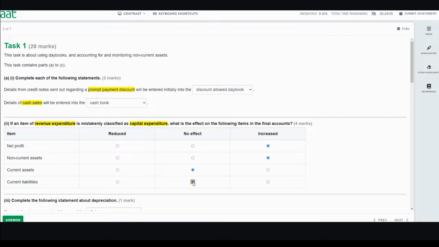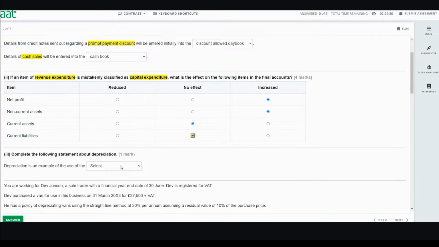We've not entered anything incorrectly into the current assets or current liabilities. So again, by reading the question, you've gained 4 marks by just making it realistic and putting items to the revenue expenditure and capital expenditure, and then it takes out the thinking from it.